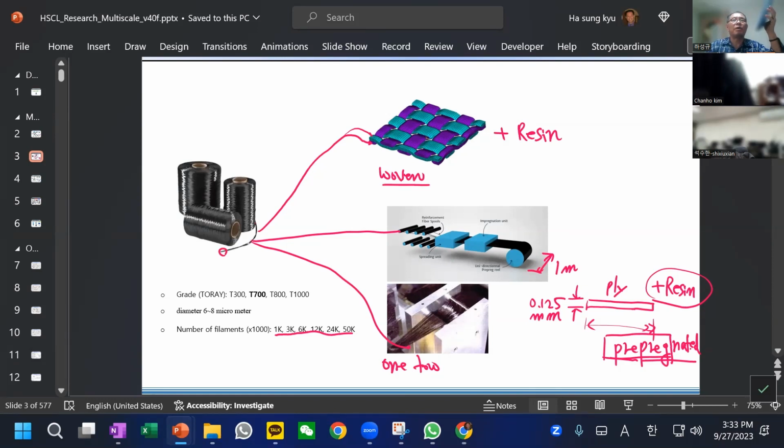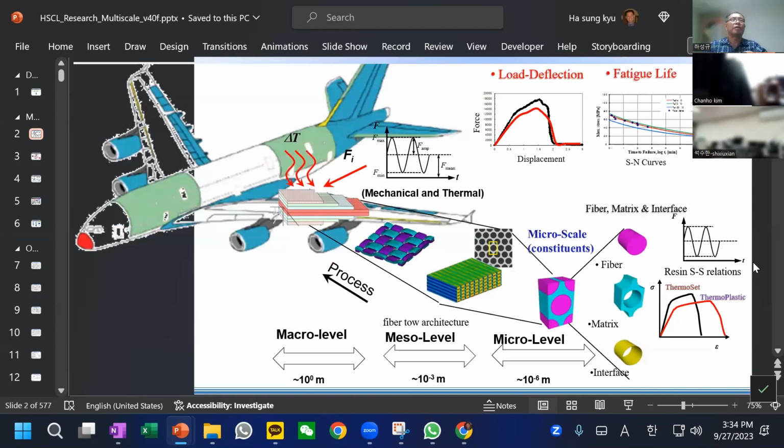So this will be a pre-preg, or one tow can be, and the resin can be impregnated in many different ways. So back to this multi-scale approach. Imagine that you have seen many times this ply or woven. Now you can imagine how this is made.